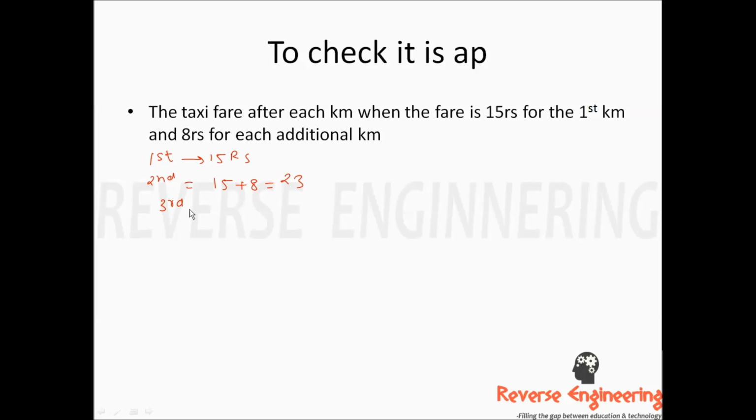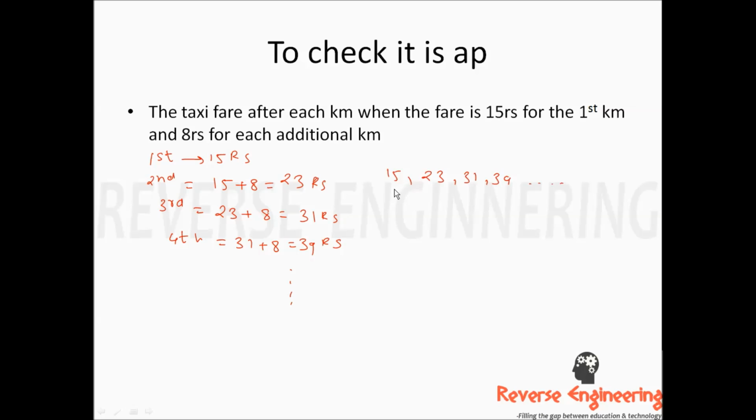For the third kilometer I need 23 plus 8, which is 31. For the fourth kilometer I need 31 plus 8, that is 39, and so on as I travel more. Representing this in sequence form, it will be 15, 23, 31, 39 and so on.